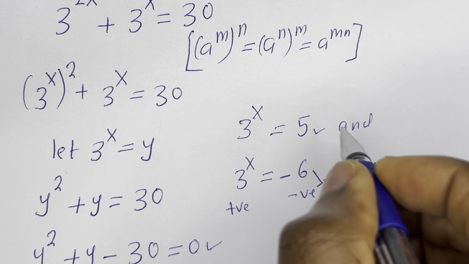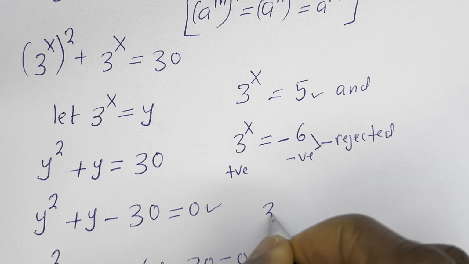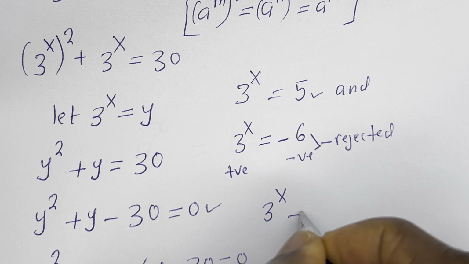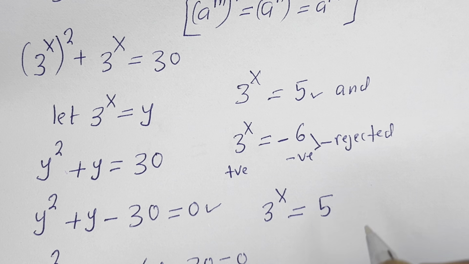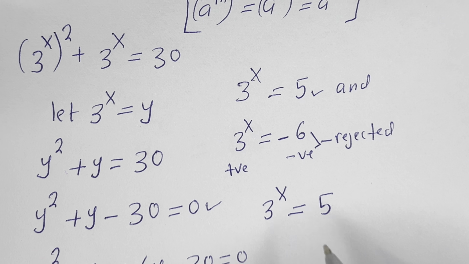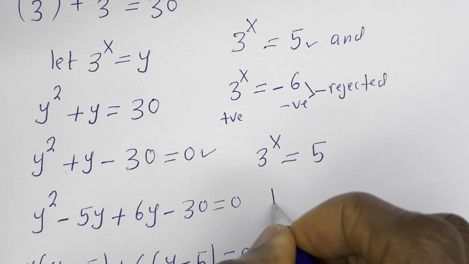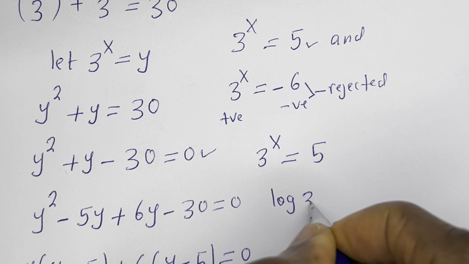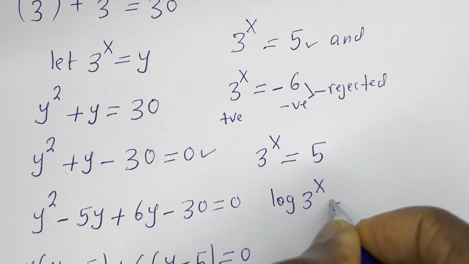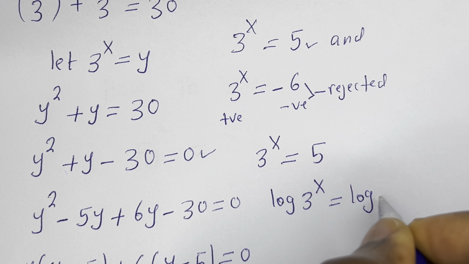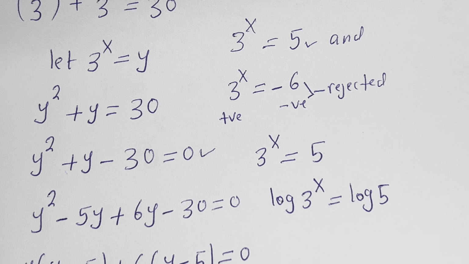Then we consider this. We have 3 to the power of x is equal to 5. Now let's take the log of both sides. Log 3 to the power of x is equal to log 5.